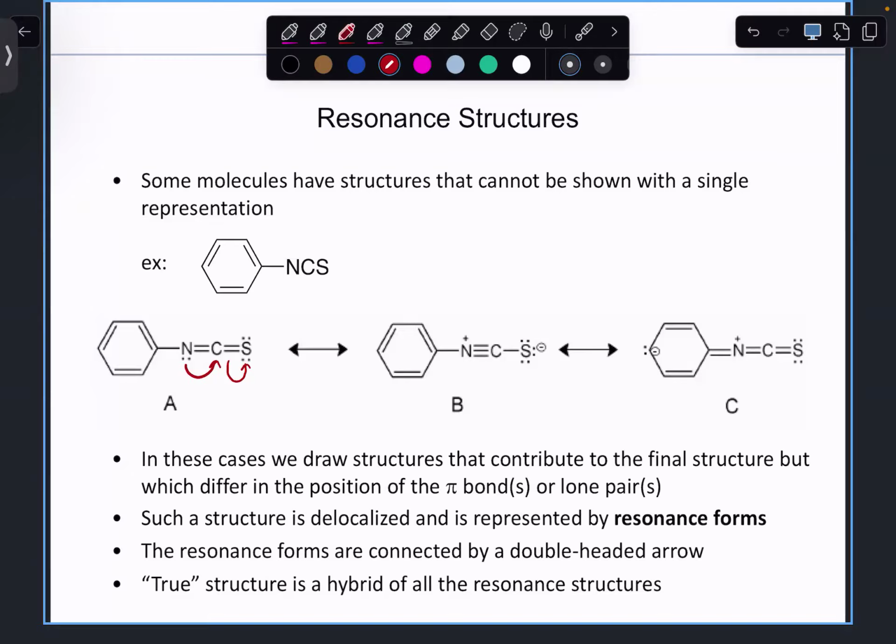But compare B and C. Over here, we have a carbon sulfur single bond. Over here, we have a carbon sulfur double bond. So what that means is one of the lone pairs on sulfur here is going to get pushed into carbon to make that second bond.